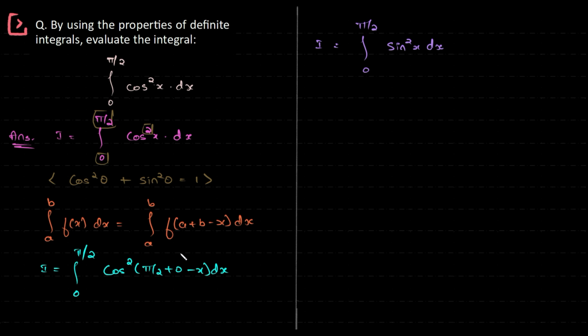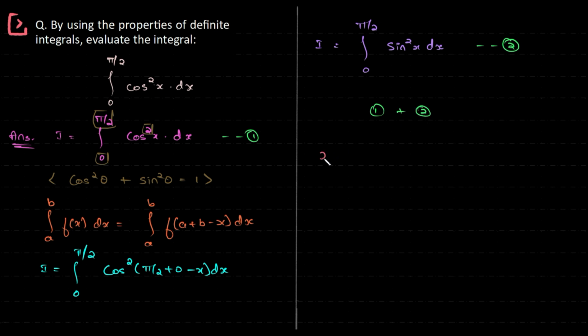Now, what is the next step? What do you think we should have? See, I started the conversation with the identity. How can I get the identity over here? That's your clue. Yes, we can make use of equation 1 plus 2.